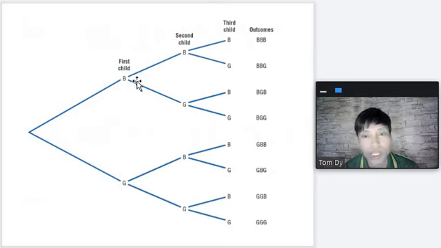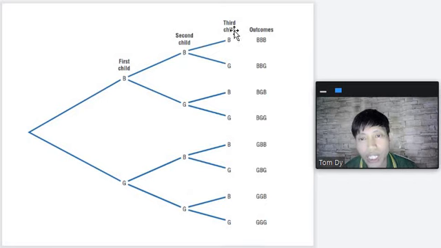So if this is a boy, he may have a child which can be a boy or a girl. For the first child who is a girl, this girl will have a child, either boy or girl. So this is now the second child.